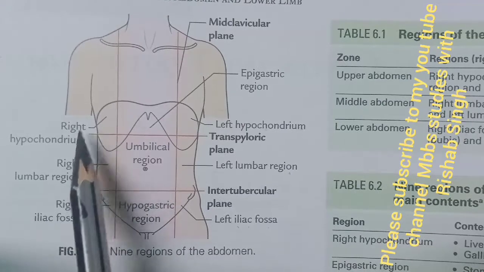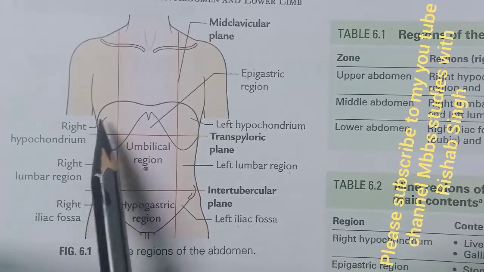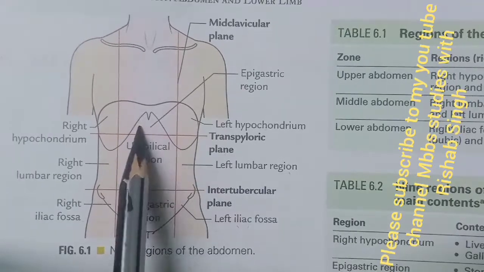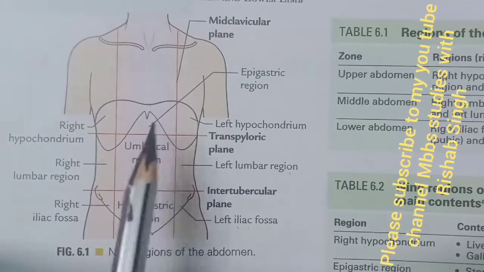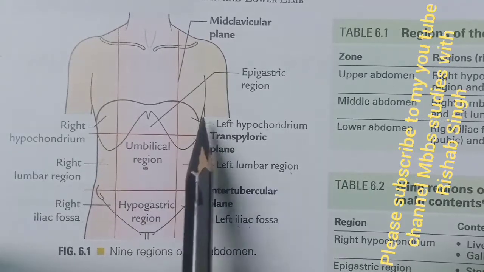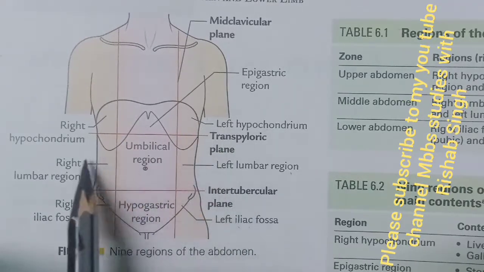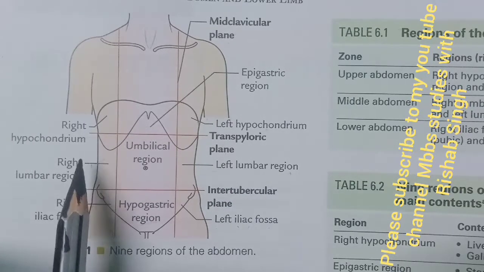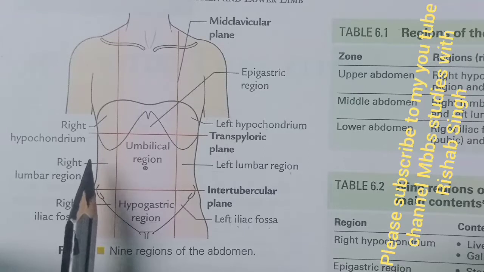The right hypochondrium contents are liver and gallbladder. Epigastric region contents are stomach, pancreas and duodenum. Left hypochondrium contents are spleen and left colic flexure. Right lumbar region contents are right kidney, right ureter and ascending colon.